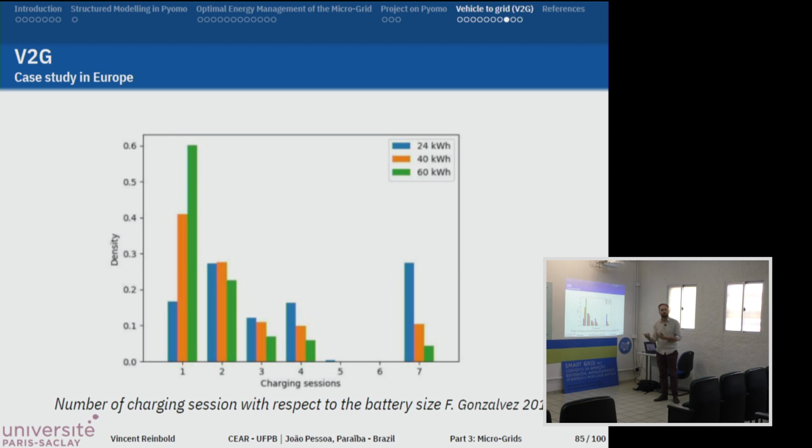We cannot use the flexibility of the electrical vehicle if it's not connected. So the user, if he wants to really help the grid, will have to connect his vehicle even if it doesn't need to charge. So that's why we need to integrate social behaviors in these technologies. Okay?